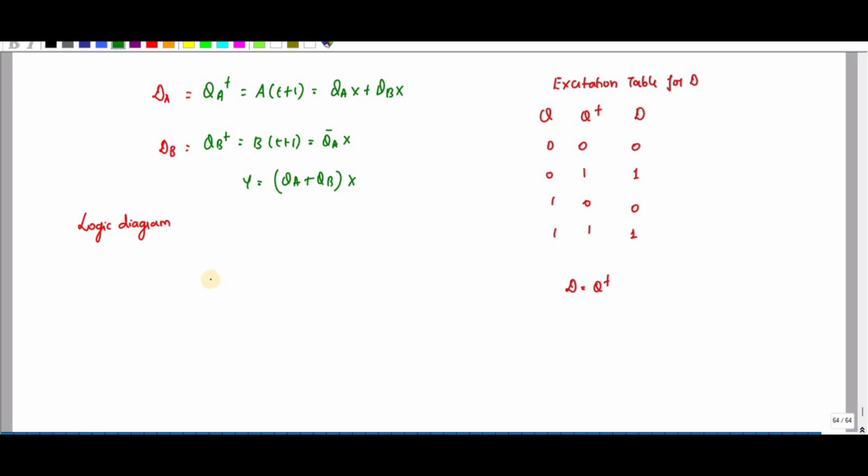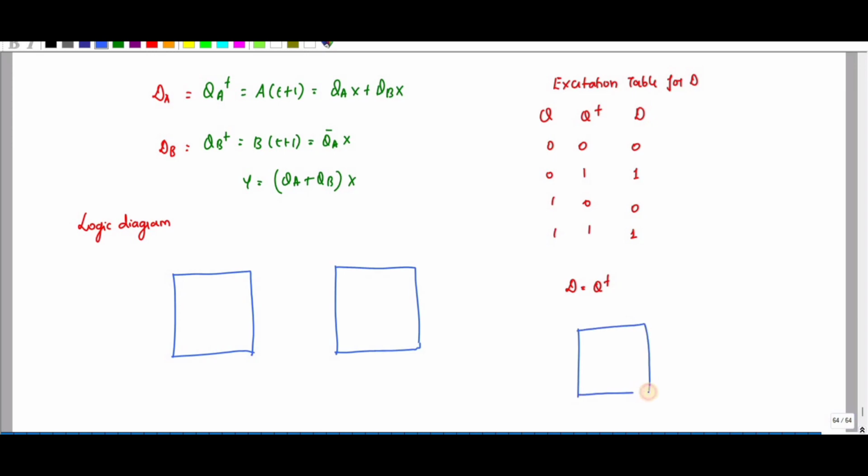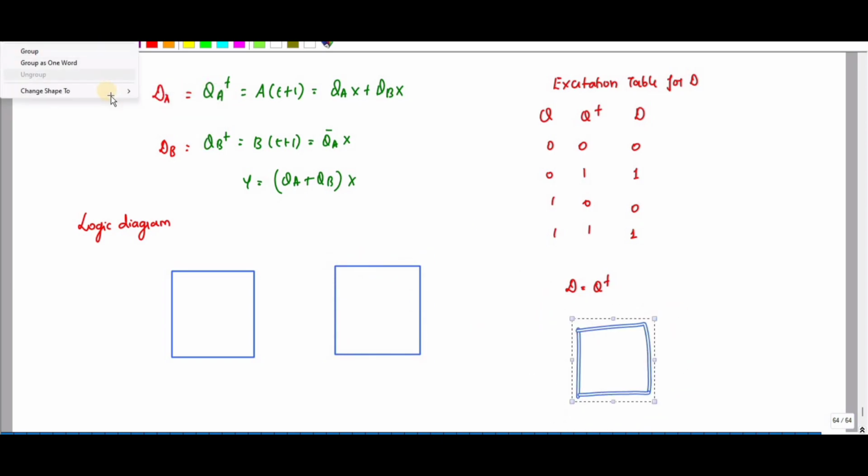First let me draw the D flip-flop with its Q and Q' outputs and the clock.